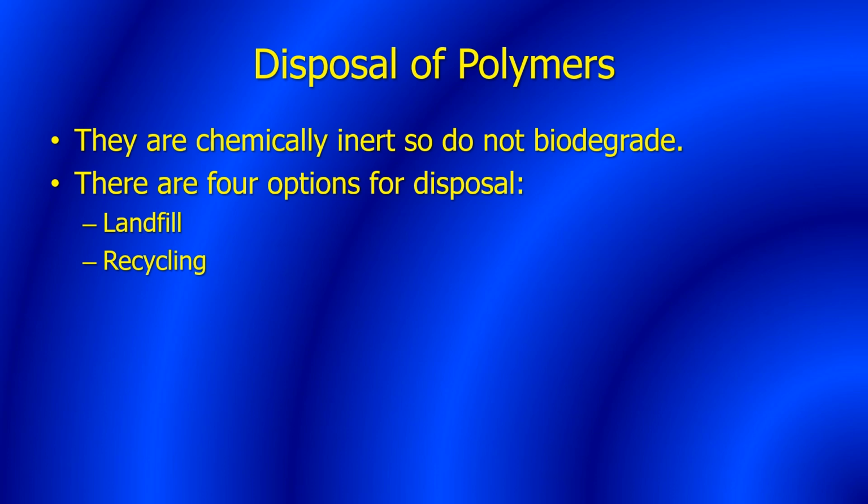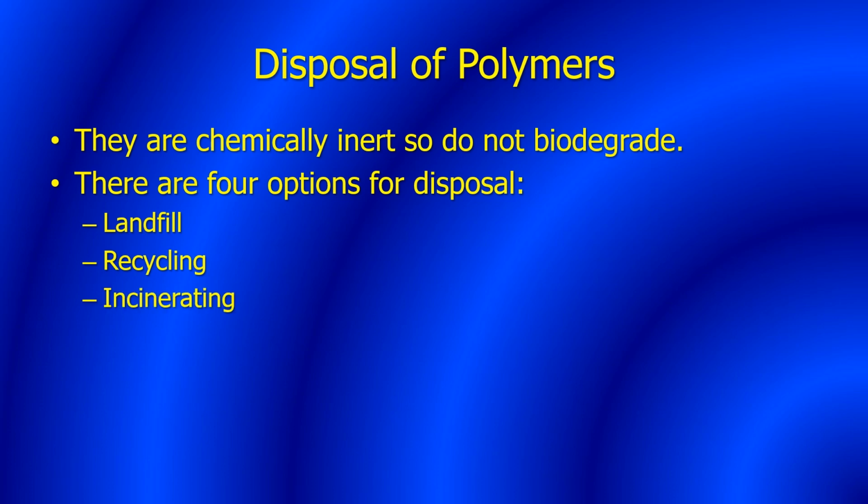And that's why if you look at plastic objects, you'll often see a recycling symbol with either a number or a letter code to help the recyclers to identify which plastic it is so they can separate the plastic waste, which is obviously time consuming. So recycling is an option.